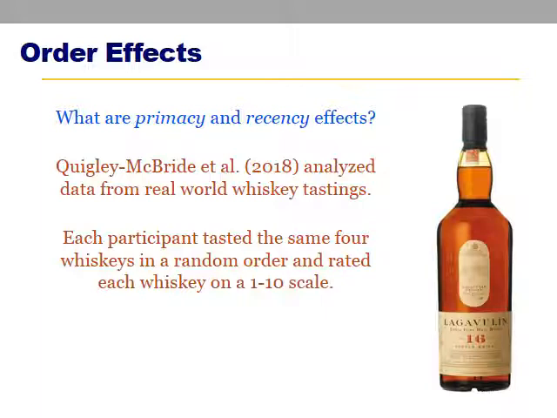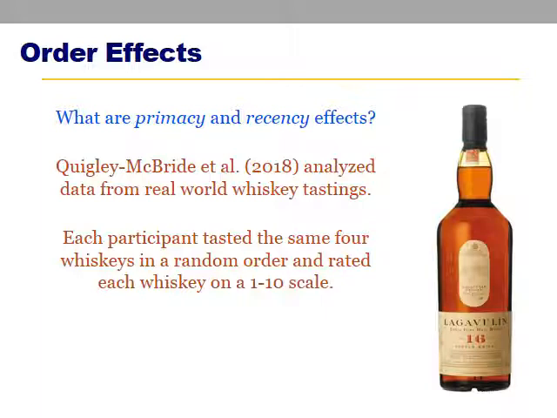Now, the researchers in this study weren't interested in the specific whiskeys themselves. What they were interested in was to see whether the order mattered. In other words, regardless of which whiskey people drank first or last, did people tend to like the first whiskey and the last whiskey better than the whiskeys that they tasted in the middle?